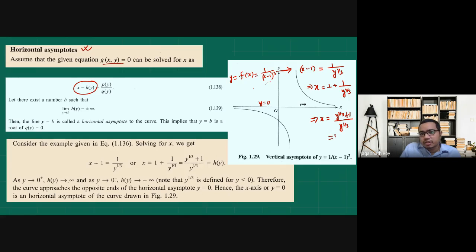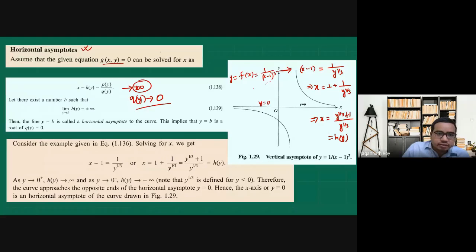So this is actually h of y, and we can write x as a function of y. Now x goes to infinity, plus or minus infinity, if q of y goes to 0.